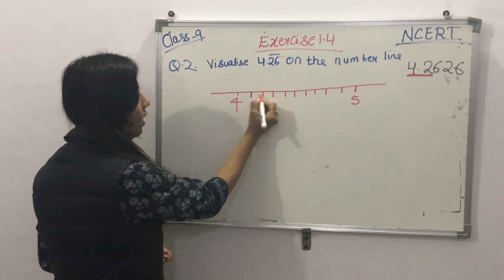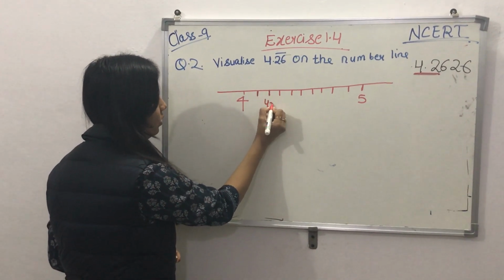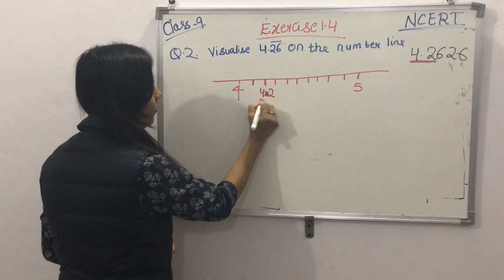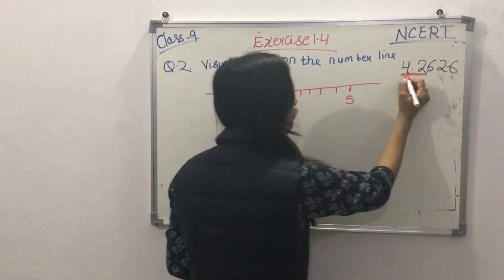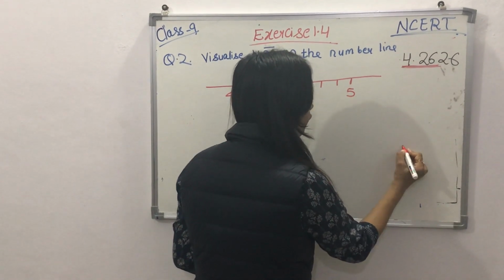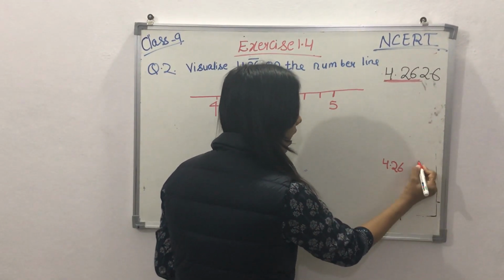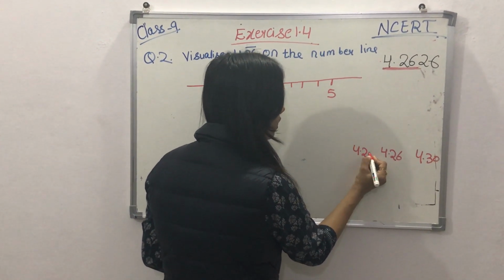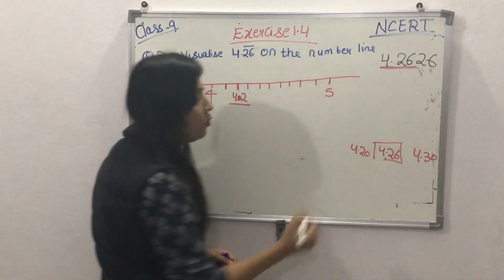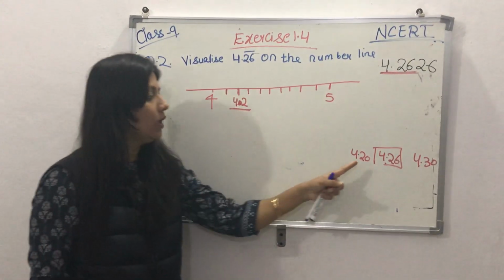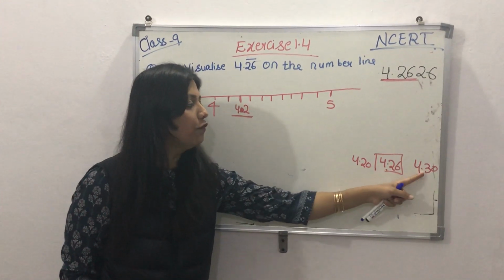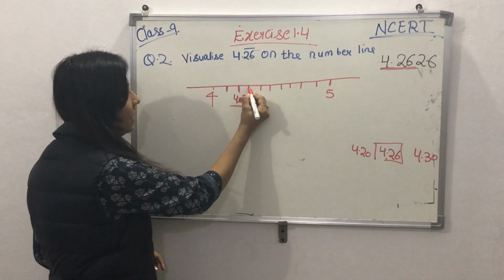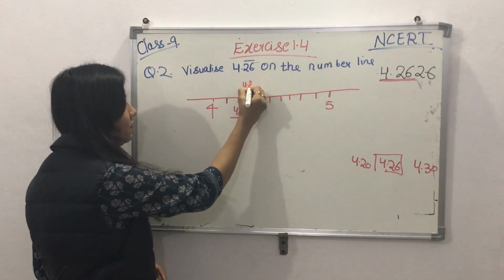This is 4.1. This will be my 4.2. Now I want 4.26. So 4.26 will lie between 4.20 and 4.30. So this is my 4.20 and this is my 4.30.